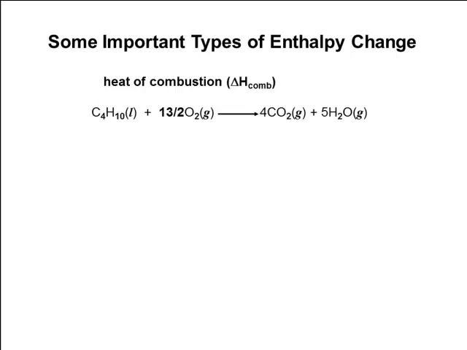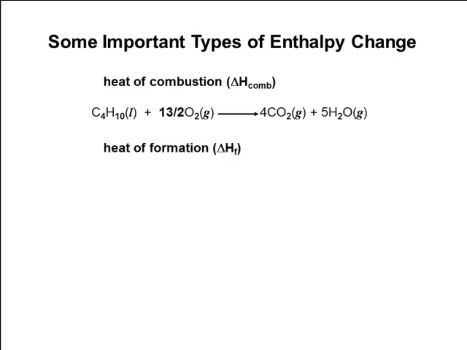So the heat of combustion we're talking about here is for C4H10. We only have 1 mole of it, which means we have fractions in our balanced equation. Before we've said we can never have fractions, but in this case it's the amount of energy required for 1 mole of C4H10 to combust.